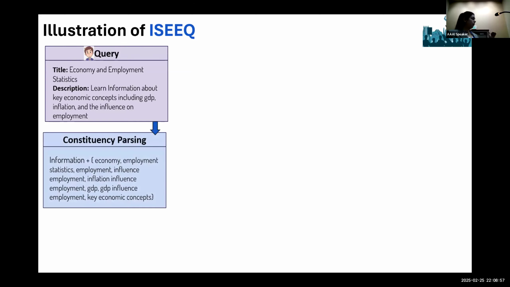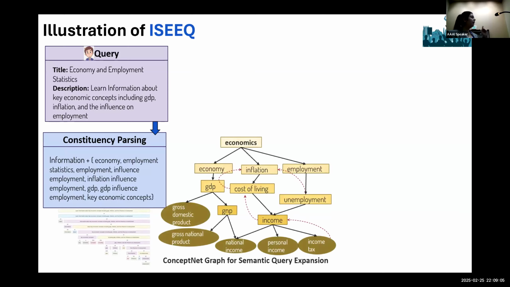It will first do constituency parsing, then a stepwise layer to decide what information needs to be extracted. It will go into the knowledge graph and identify the important information like inflation, economy, and employment, because these terms were mentioned in the query description.